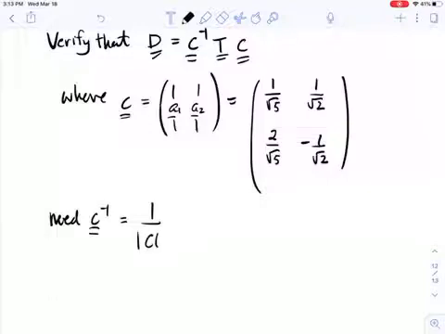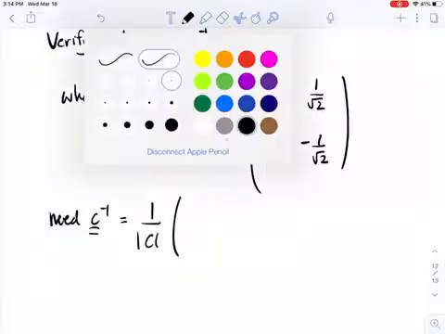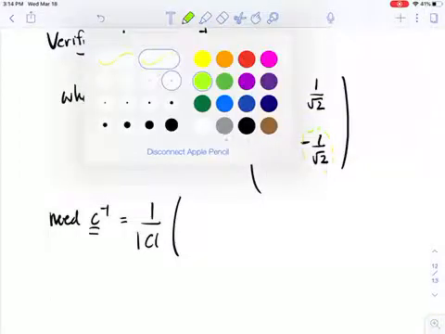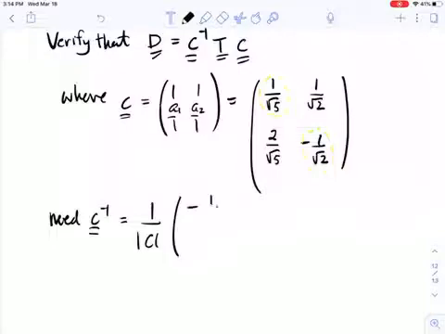Some of you might remember how you could invert a 2 by 2 matrix. This only works for 2 by 2. The first thing you do is you divide by the determinant of C. And then you swap the first diagonal elements. So let's do that swap so that you have a minus 1 over root 2, and you're going to end up with a 1 over root 5 over here.